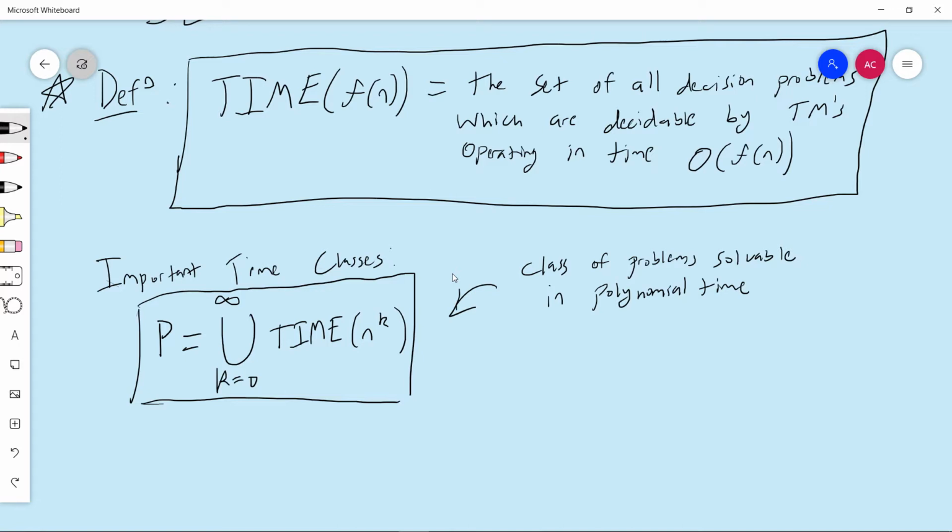And so what this is going to function as later is what we're going to view as the set of all problems that are computable efficiently, in some sense that we'll get into later.